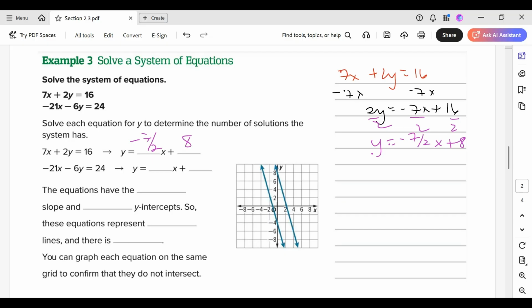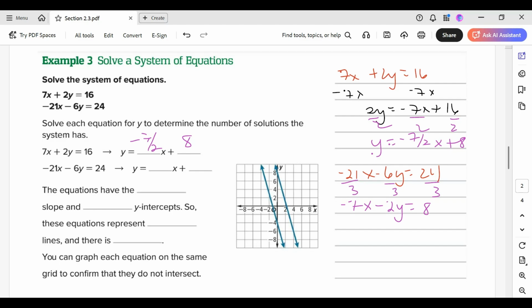Then we go to our second equation, which is negative 21x minus 6y equaling 24. When I look at 21, 6, and 24, they are all factors of the number 3. So we're going to divide each of them by 3 first. And we become negative 7x minus 2y equaling 8.